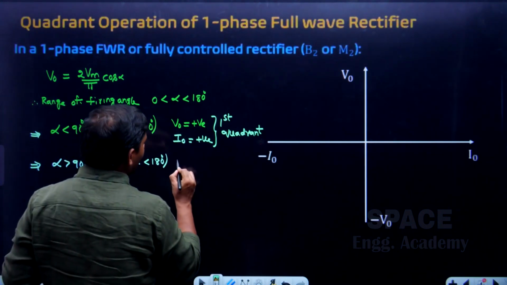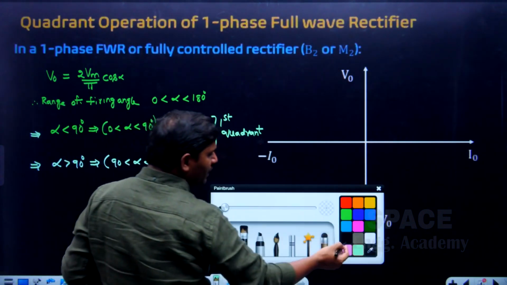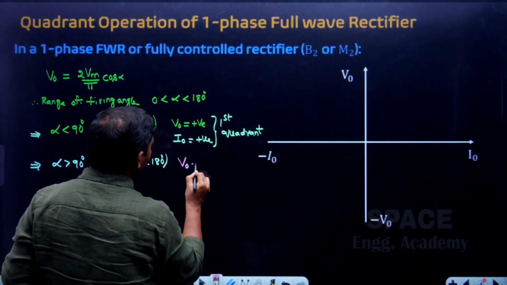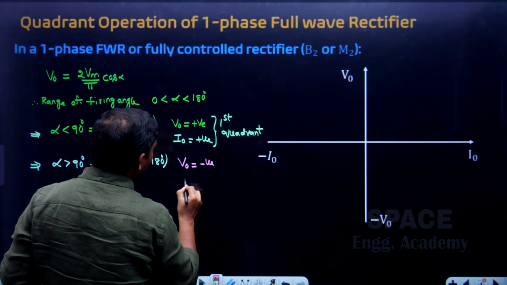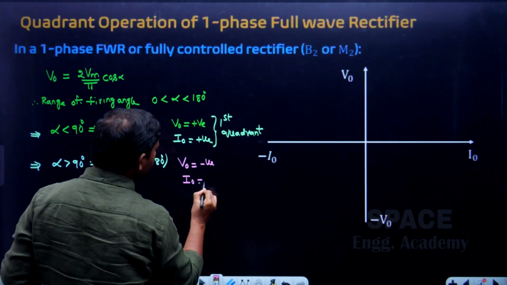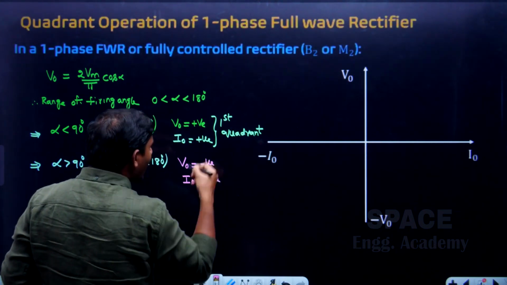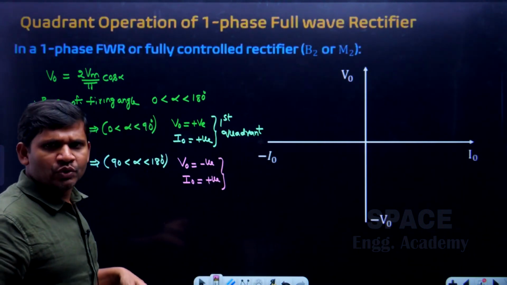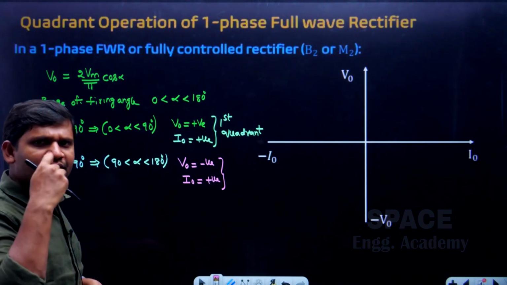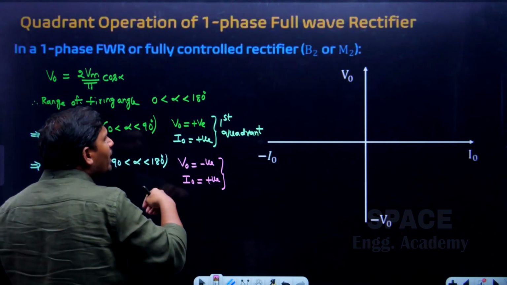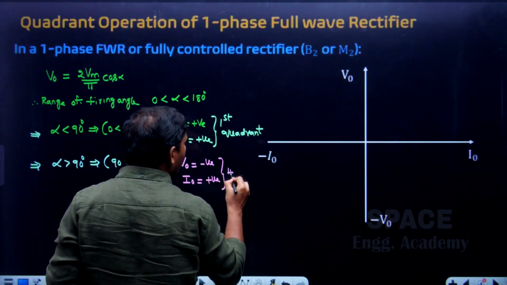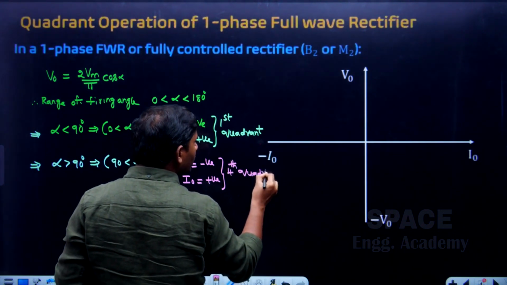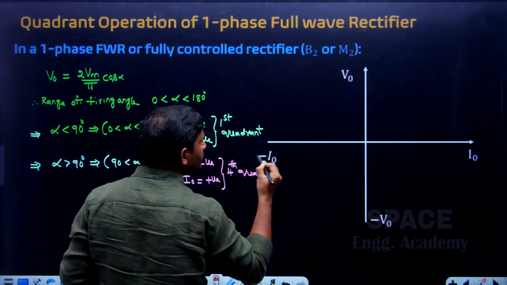That is V naught is negative. For alpha greater than 90 degrees, we get V naught negative. But what about I naught? I naught is positive. V naught negative, I naught positive, students. The current is never allowed in the reverse direction in rectifiers. V naught negative, I naught positive means which quadrant? Fourth quadrant.